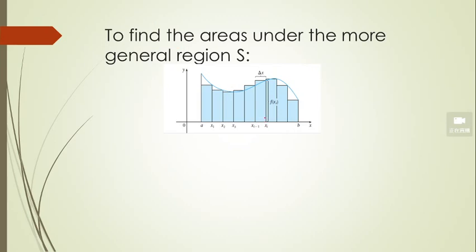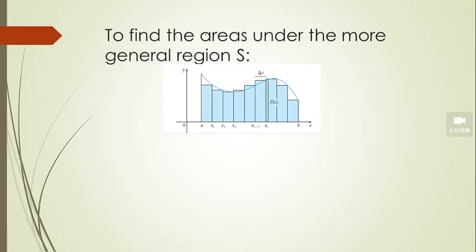So the height we took for this rectangle is at the right endpoint. We take f of xi as the height, then f of xi times delta x when we choose the right endpoint.